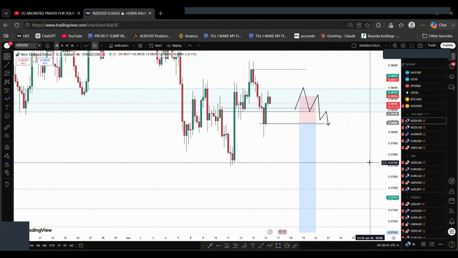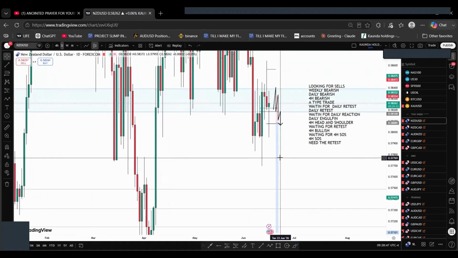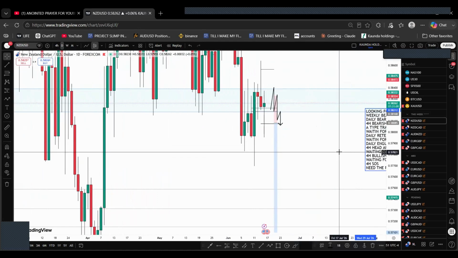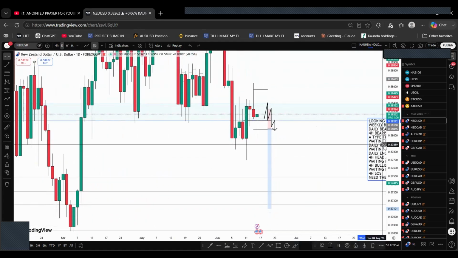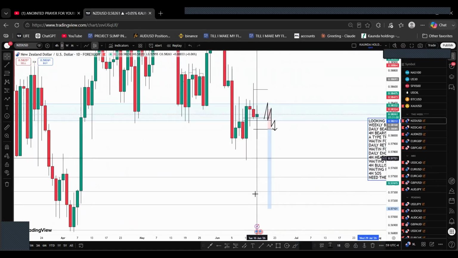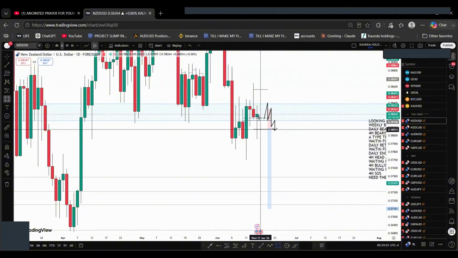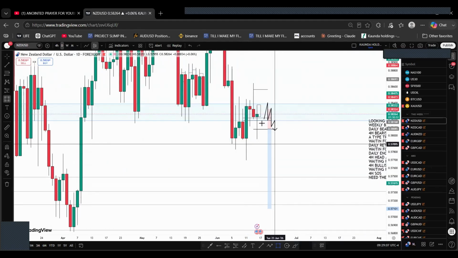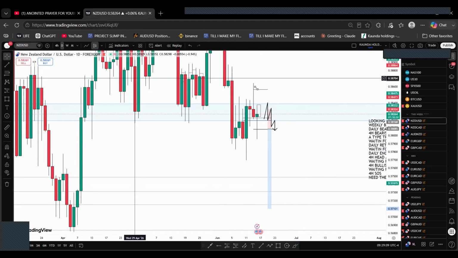So the next thing, and you can also see with the way the daily is looking that this is not the perfect time to sell just yet. You see, because this daily can easily engulf. And once the daily closes with a bullish engulfing today, then things change.